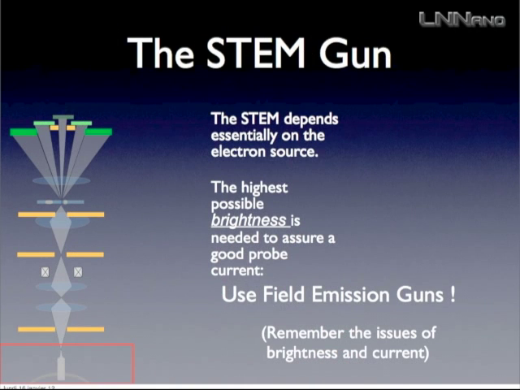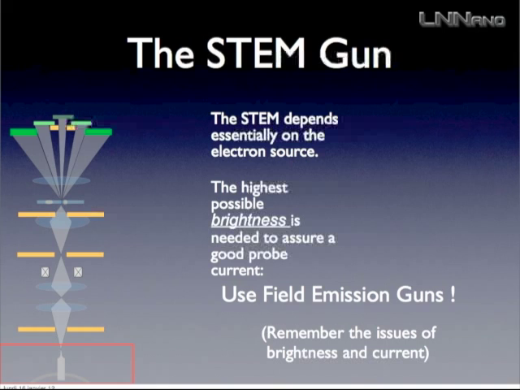Okay, so let's do this step by step. First of all, you have a gun here, and of course this gun is here to give some electrons. But what you want is a gun that has the highest brightness.